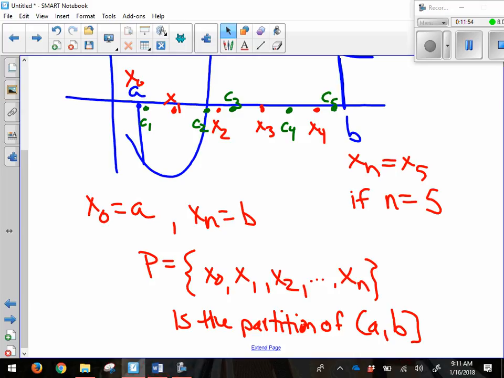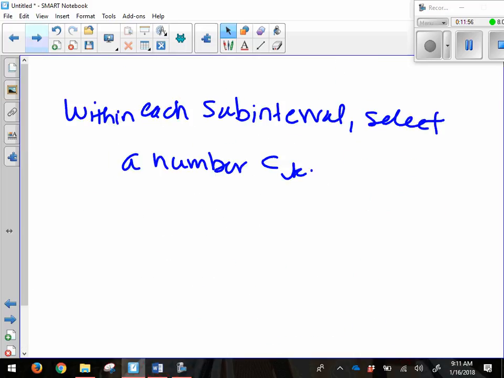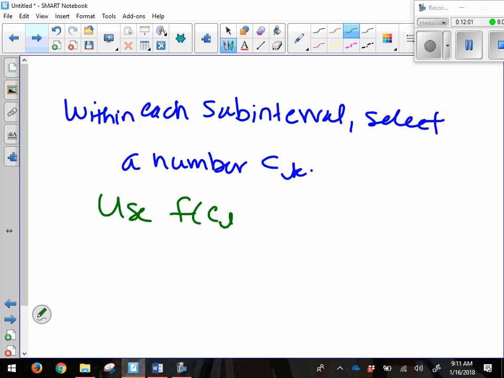So then what I'm going to do is use f of ck. So the height of my graph at each of those ck values for the height of my rectangle.